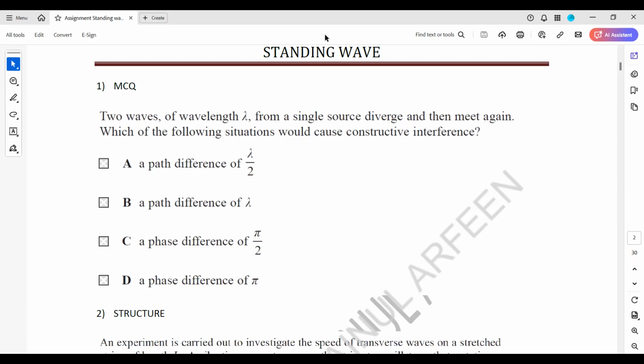Remember, in terms of phase, when we have a phase difference of 0 or 2 pi, it will be constructive. And when we have a phase difference of pi, it will be destructive.